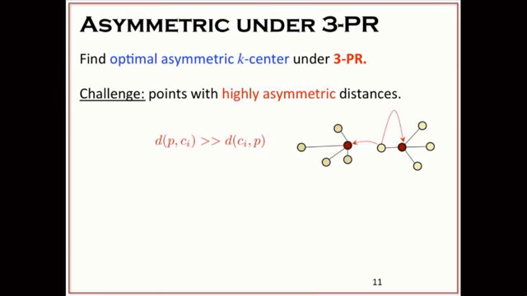Good. So I want to talk about the asymmetric version under perturbation resilience. One of the challenges when you're working with asymmetric clustering in general is that there are points whose distances in the two different directions are very different.